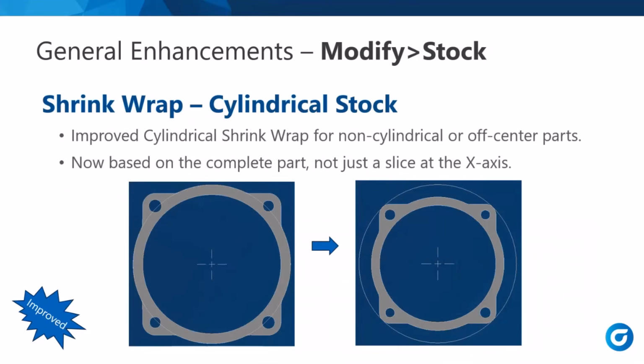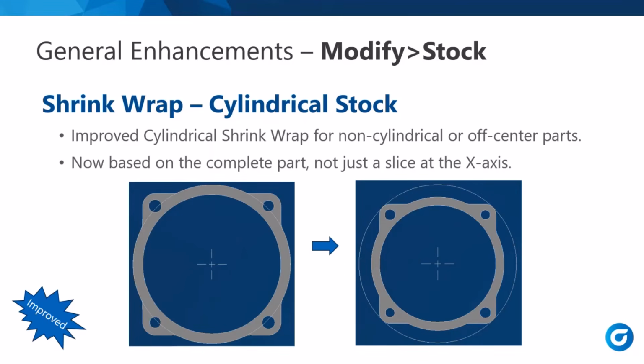All right, our next one is a change to shrink wrap. So I got a couple changes here. This is one where there's not going to be a new button, and there's not going to be a new function or a change within the feature per se that you're going to select. It's just going to do it. In this case, it really didn't do it correctly in certain cases, such as this part.